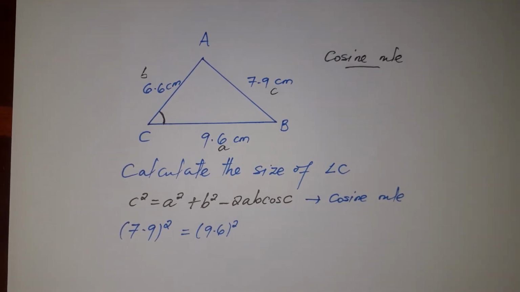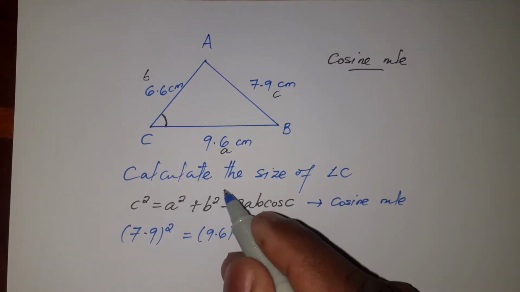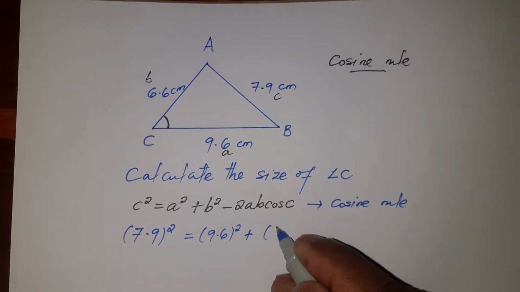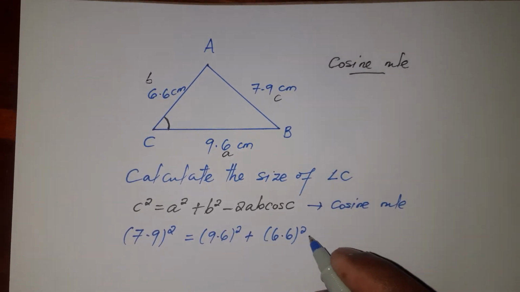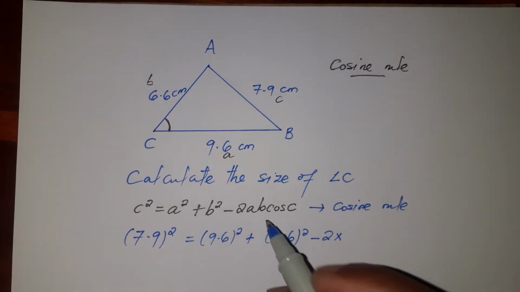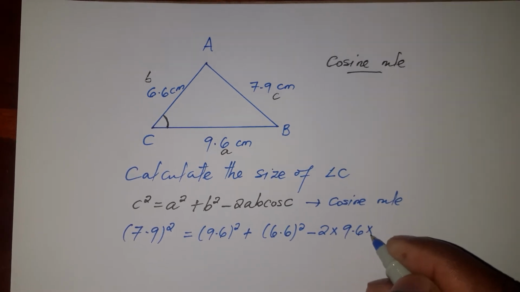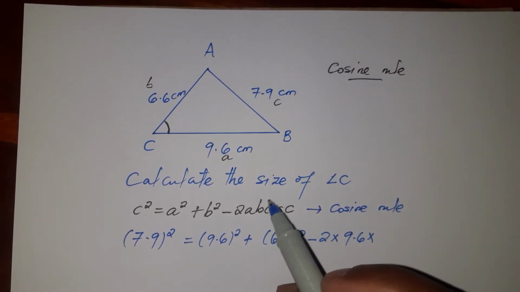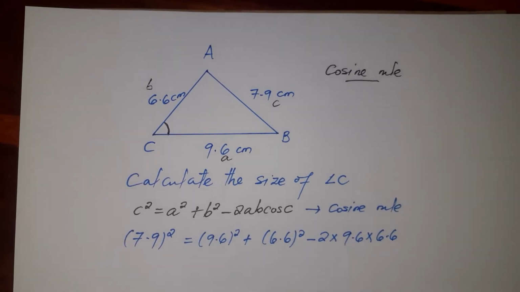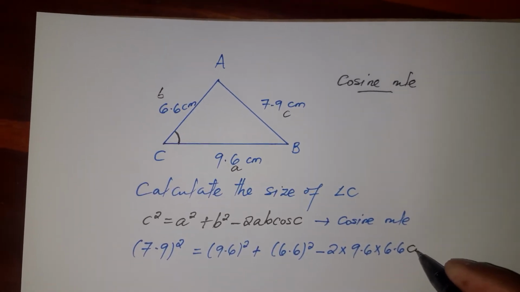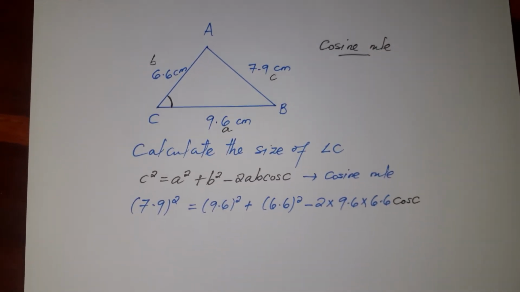We don't need to work with these centimeters. And then plus our B square is 6.6 square, and then minus 2 times our A is 9.6 times our B is 6.6, and then we have cosine C. That is what we want to find.